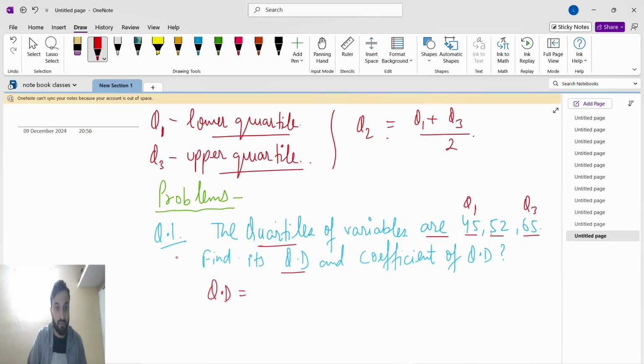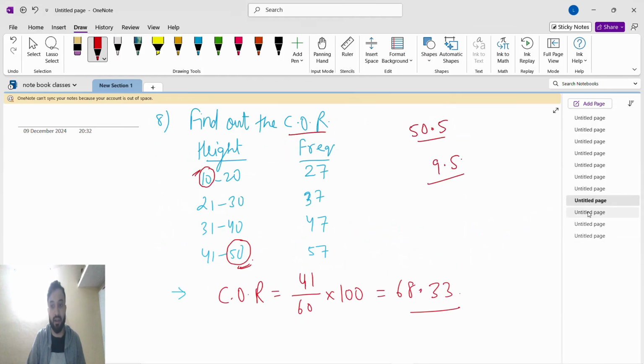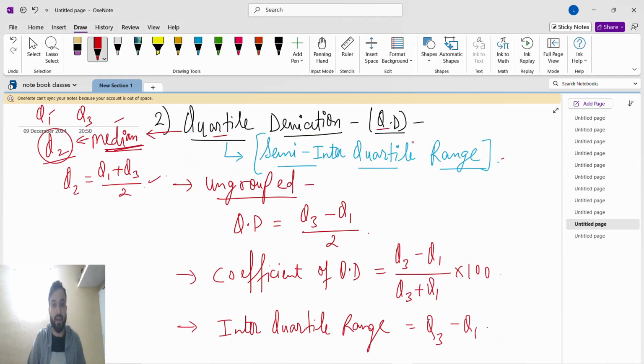Very important thing, guys. Sometimes in the examination they will say find its quartile deviation, or very rarely they will say find the semi-interquartile range. The semi-interquartile range is nothing but the quartile deviation. Or sometimes they will say find the interquartile range. The formula is just Q3 minus Q1, and you will get the answer for the interquartile range.